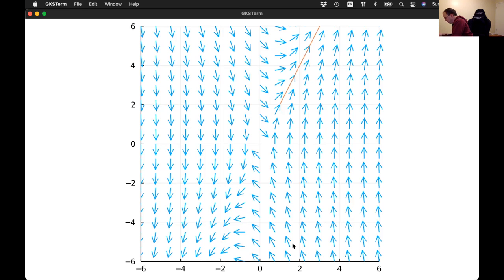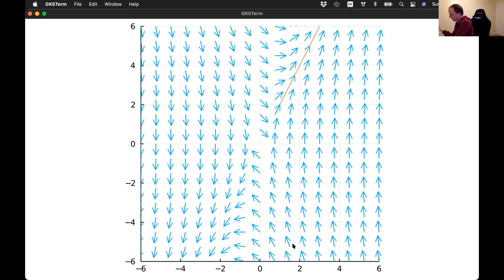So let's see here. Okay, so there is a picture in the solutions, and it plots the direction field, but it also plots a number of the other solutions that would be in here. So I'm just trying to think what other solutions might be interesting to try.